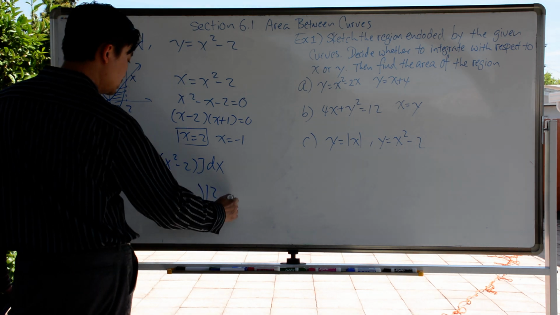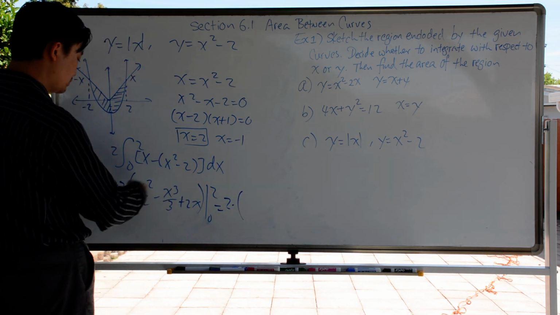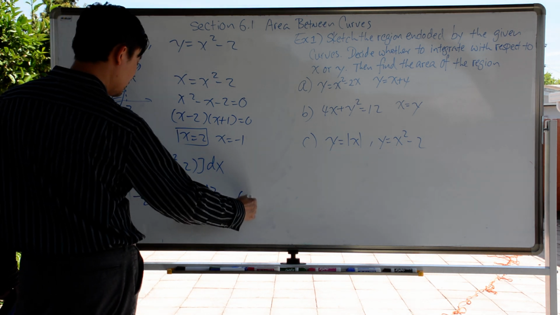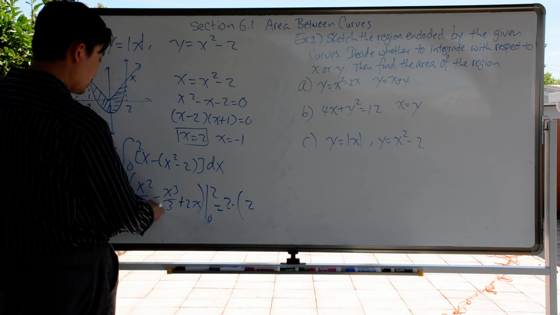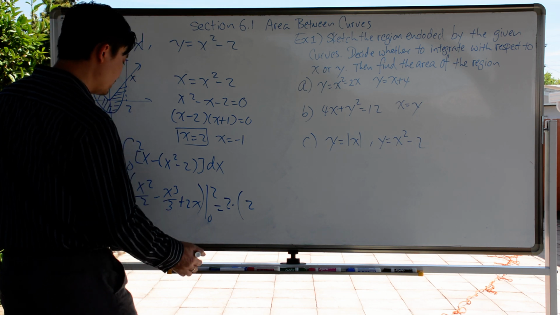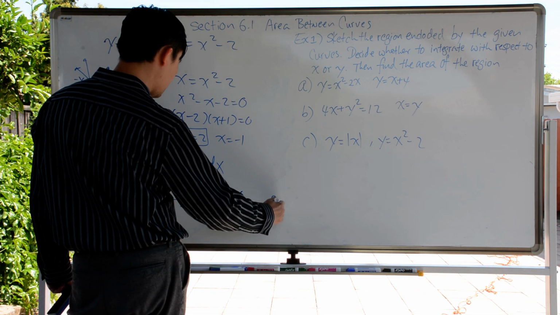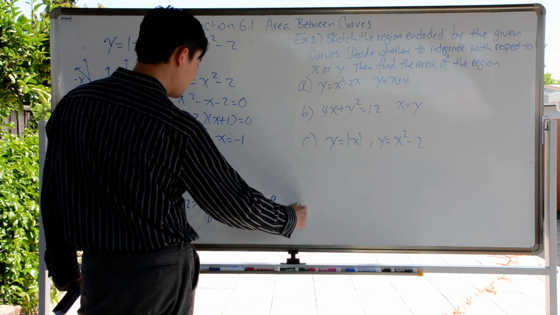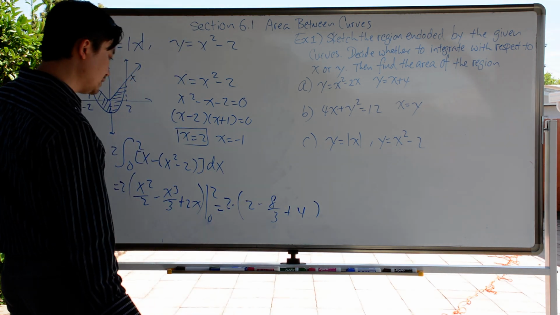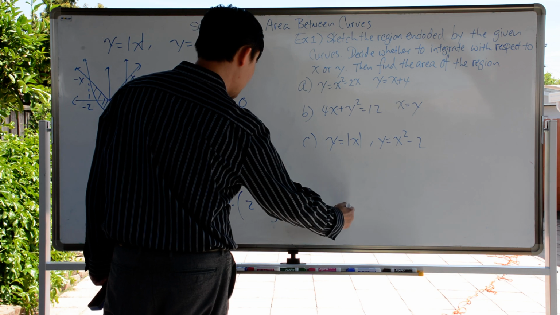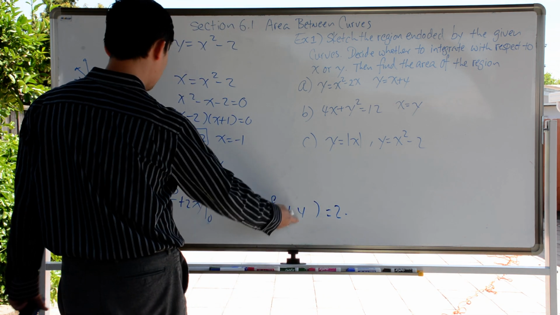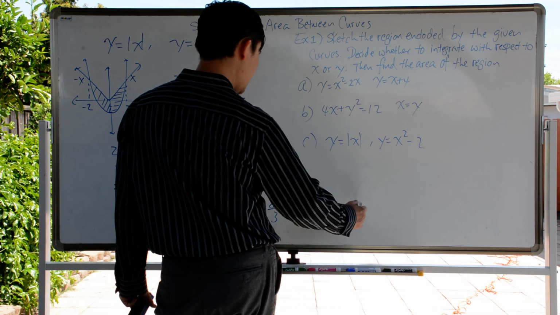So eventually it's going to be 2 times, 2 squared over 2, which is 2, minus 2 to the power of 3 over 3, so it's 8 over 3, minus a third, and then plus 4. So we got 6 minus a third, times 2. So 2 plus 4, 6 minus a third.